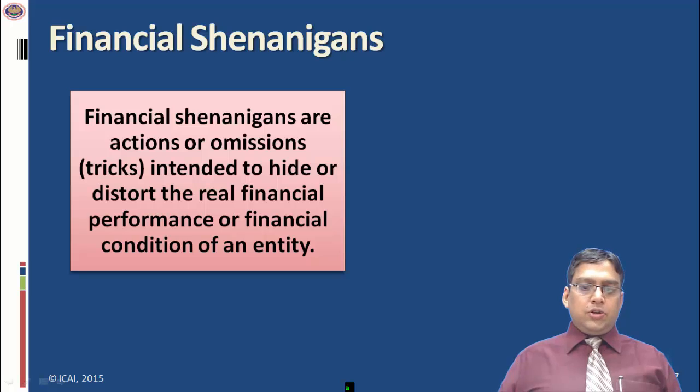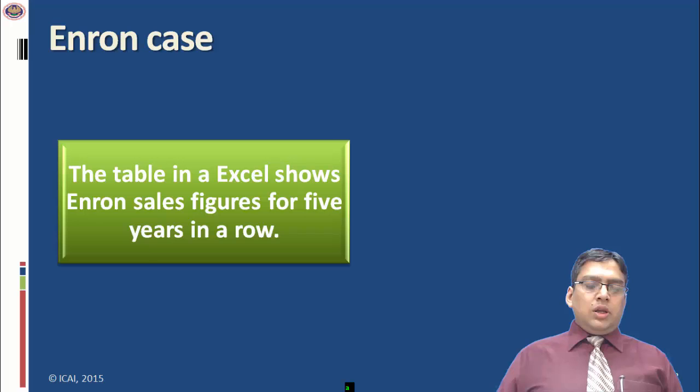Financial fraud is your next topic. Financial fraud means actions or omissions intended to hide or distort the real financial performance or financial condition of an entity. That is just like a trick. Let's discuss one of the most famous cases of fraud, the Enron case.